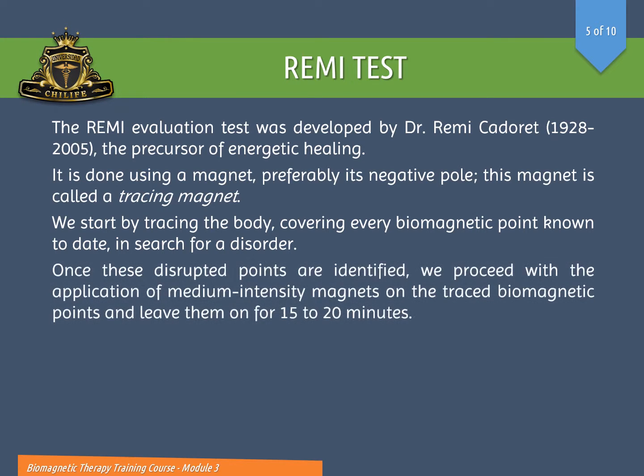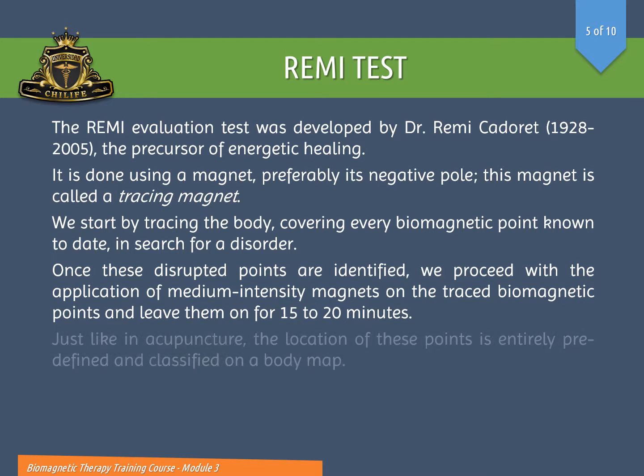Once these disrupted points are identified, we proceed with the application of medium-intensity magnets on the traced biomagnetic points and leave them on for 15 to 20 minutes. Just like in acupuncture, the location of these points is entirely predefined and classified on a body map.